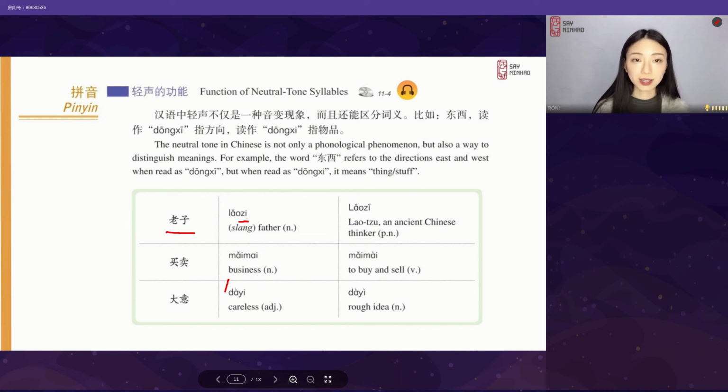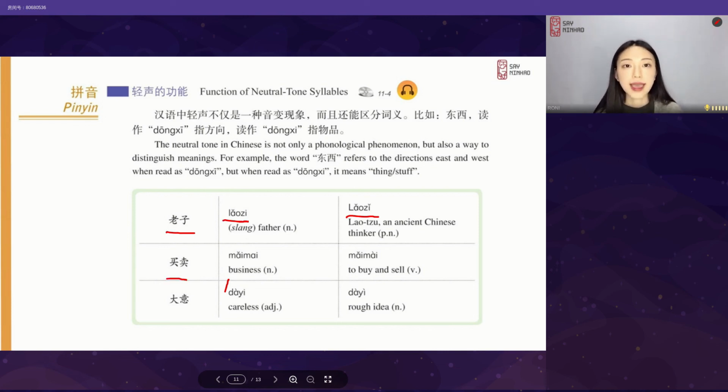But it is slang, okay? It is not official. Please don't use it in your daily life. It just means father. And if I read it as 老子 with the third tone, then it is the ancient Chinese philosopher who wrote the 道德经, okay? They are two different meanings.